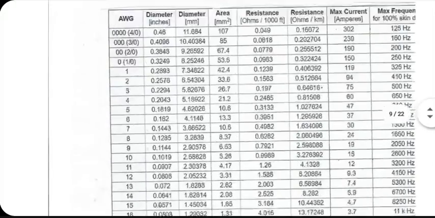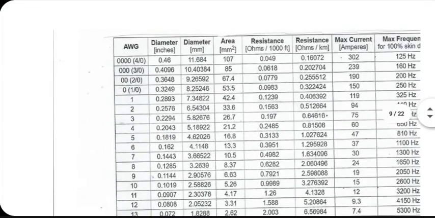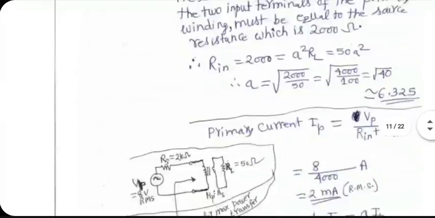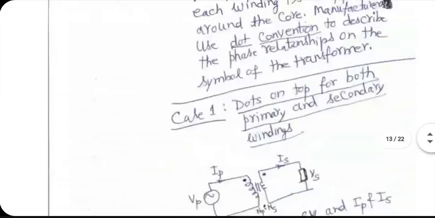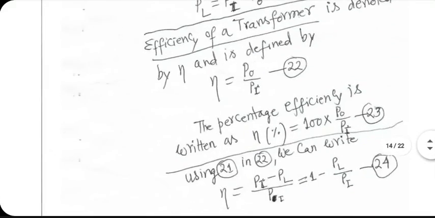So you will take the resistance per unit length and multiply by the length of the wire to get the total RP value. Similarly, for the secondary also, you can get the total RS value from this table, after knowing the total length of the wire in that coil. But anyway, these values are given to you in the exam, in most of the textbooks.